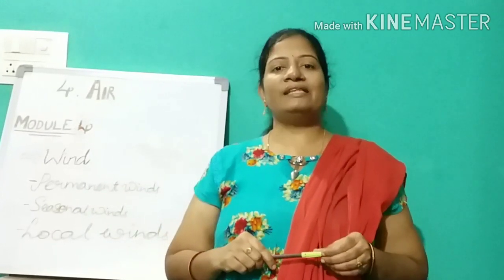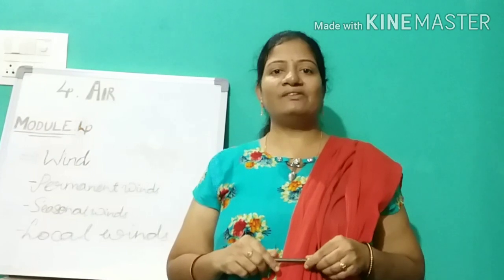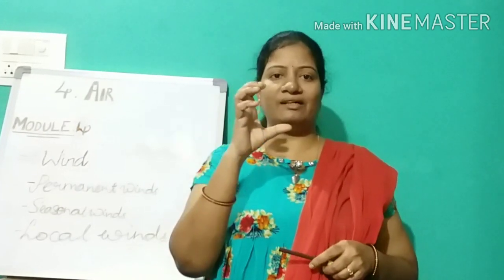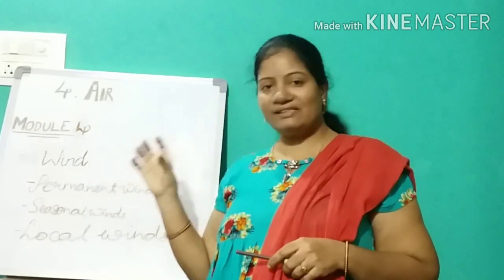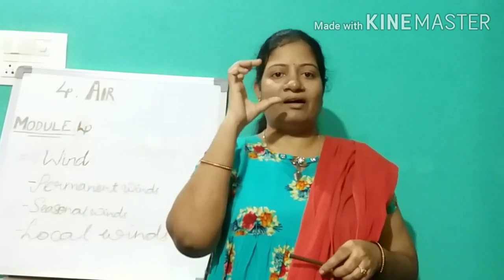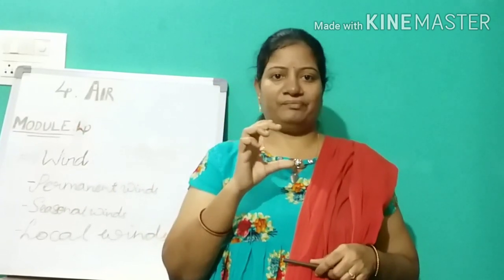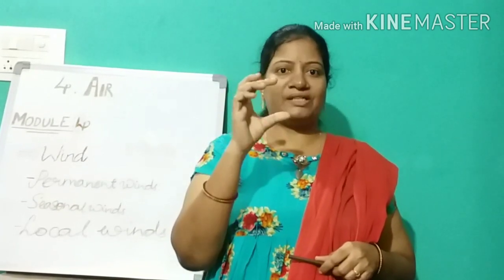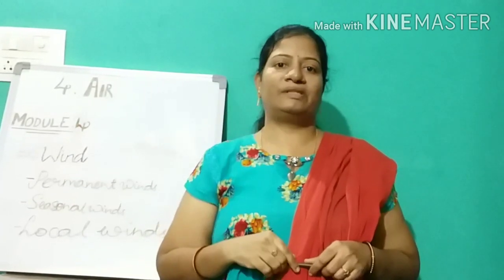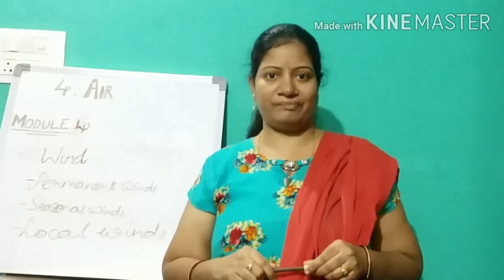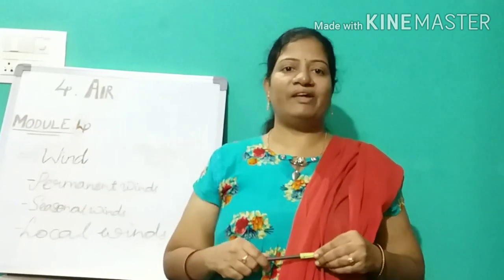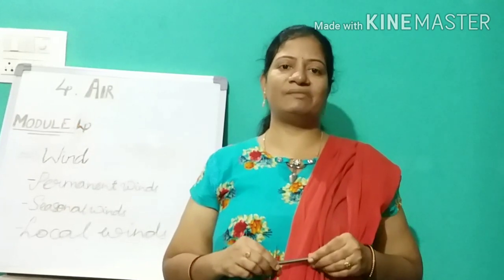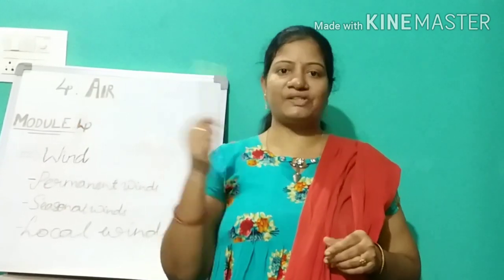Based on the earth's surface, these periodic or seasonal winds are caused by the unequalness of temperature, high or low temperature of the earth's surface. At the same time, there are variations between the temperature and air pressure also.